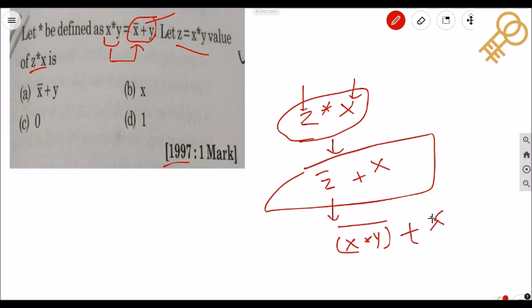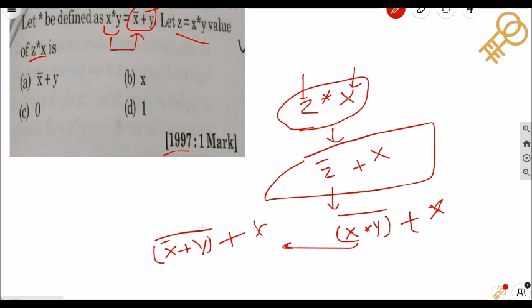So you see one thing, again we can modify this expression which is under the complement, right? So we can write that x bar plus y, and there is a whole complement of this expression, and plus x is there, right?